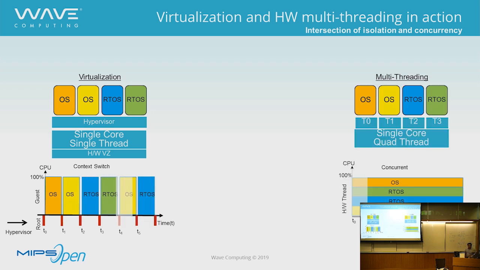Separately, you have simultaneous multi-threading. In the case of simultaneous multi-threading, it looks kind of the same, but in this situation, we have different threads on the cores. You can have, let's say, 4 threads, or 2 threads or more, but in the context of multi-threading, you're doing context switching at a clock rate.